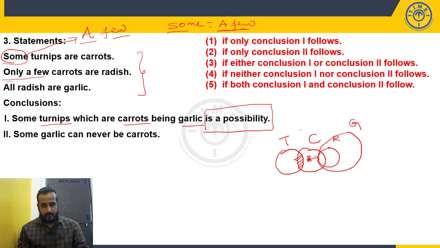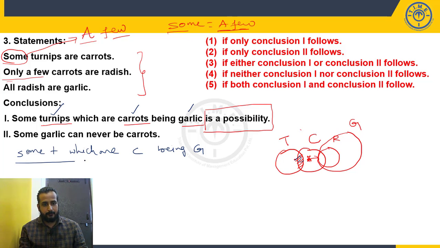See, they have given three different terms, but don't get confused. Okay, I'll tell you simply. Some tea which are C being G is a possibility, they are saying. Okay, it means this part.